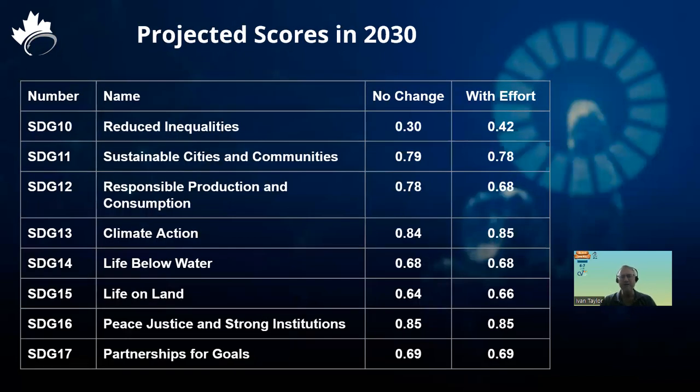Here are SDGs 10 to 17. We see that reducing inequalities has been improved quite a bit, which is hard to see in the graphs, but you can see here that there's been a 12% increase. Sustainable cities and communities has declined slightly, but look at responsible production and consumption.